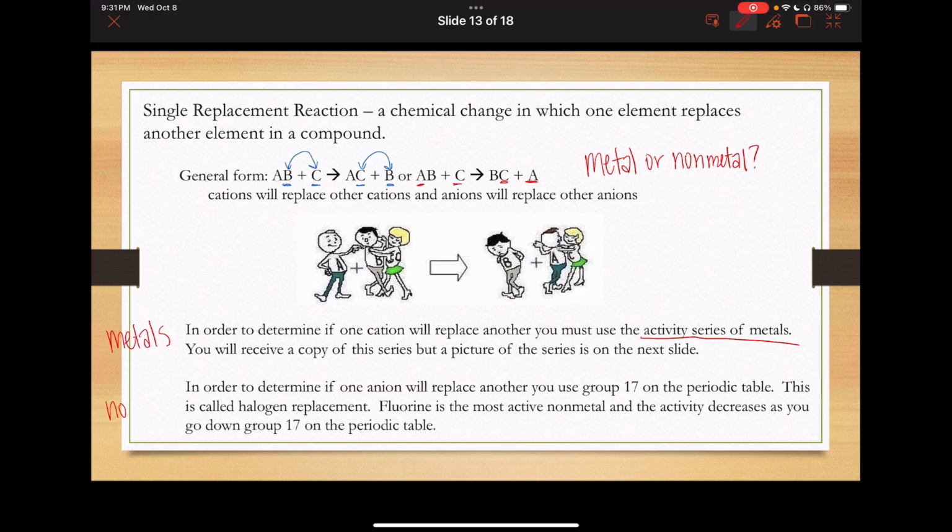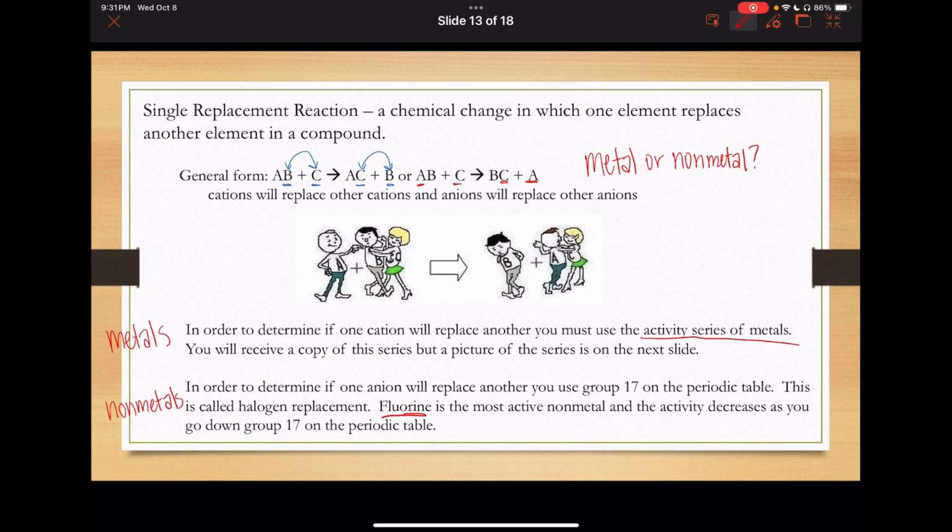For nonmetals or anions, typically we're only going to see the switching of halogens, which are group 17. And with halogens, you just have to see where they rank on the periodic table. Fluorine is the most reactive nonmetal, and it decreases as you go down.